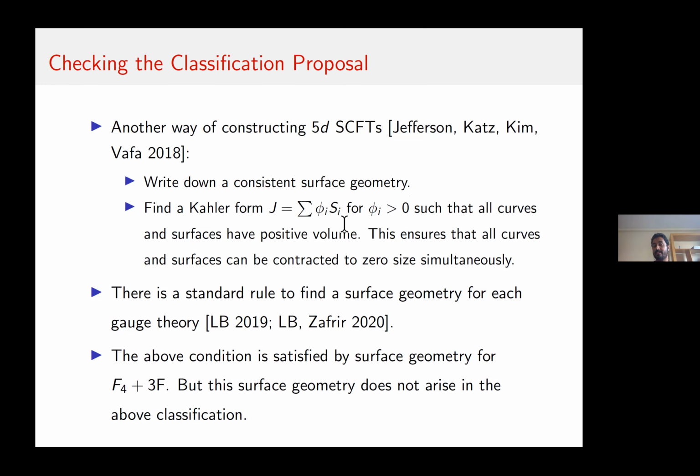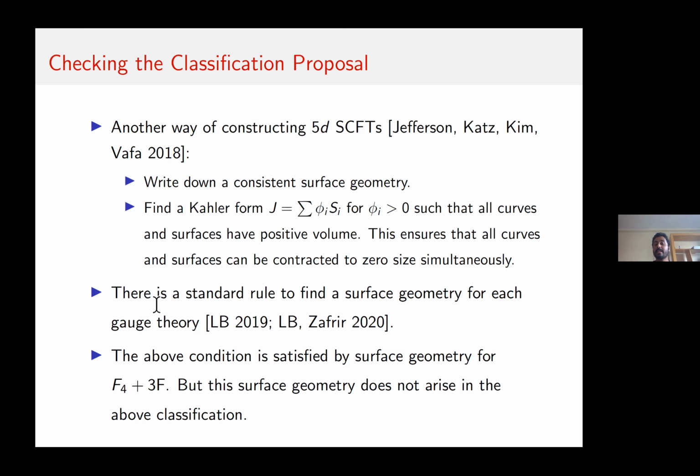No non-compact surfaces are allowed. And this Kähler form should have the property that all the curves and surfaces in the surface geometry have positive volume under this Kähler form. If you can ensure that, as has been argued in this paper, then this means that all the curves and surfaces can be contracted to zero size simultaneously. And if that can be done, that is the conformal point. So the original surface geometry you started with described the extended Coulomb branch of some 5D SCFT.